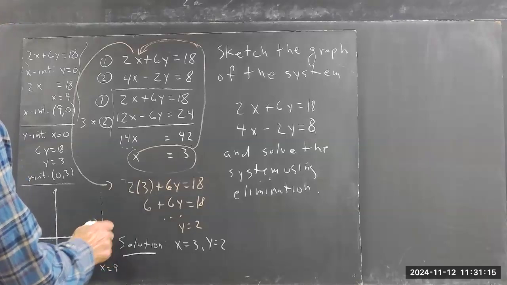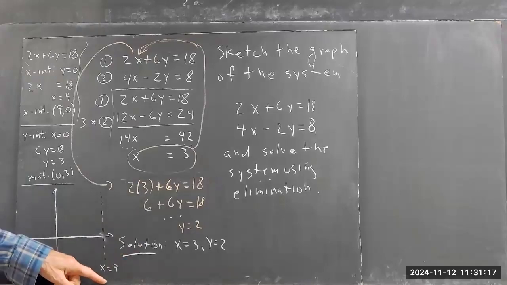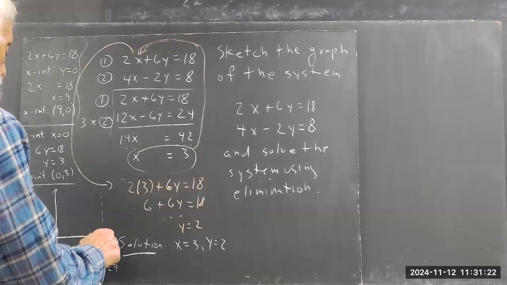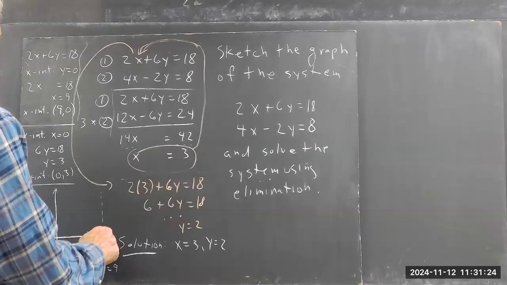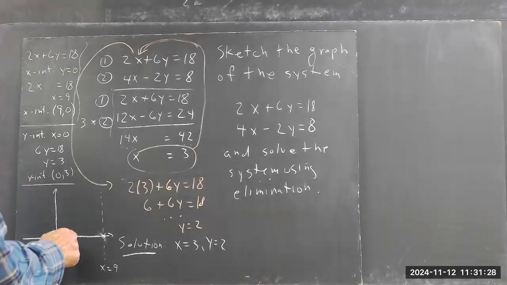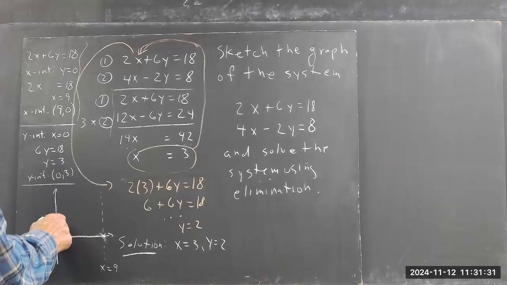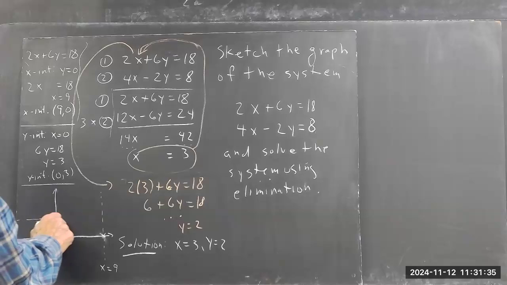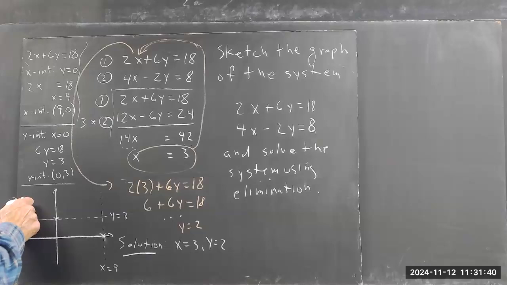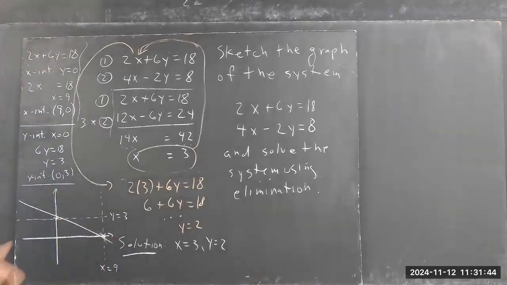Here's where x equals 9. Now we scaled the x-axis, so we would say this is x equals 9, and everything else has to be consistent with that. So here's the x-intercept. And then the y-intercept is 0, 3. Well, I'll put that about here. That's on the line y equals 3. Now I can attempt to sketch that straight line. Didn't quite make it, but not bad.